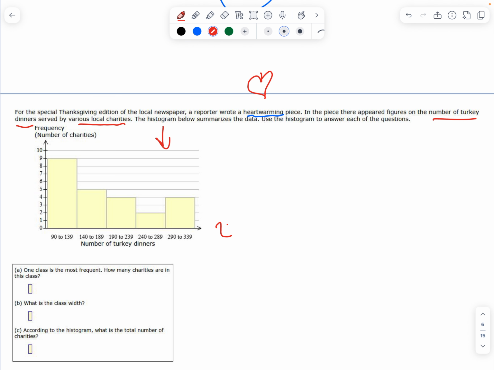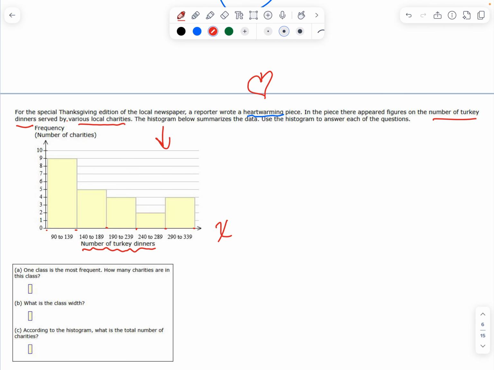On our x-axis, we can see our intervals broken down from 90 to 139, 140 to 189, 190 to 239, 240 to 289, and 290 to 339. These are, on the x-axis, the number of turkey dinners.